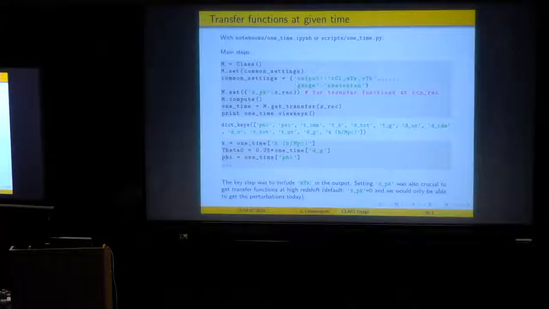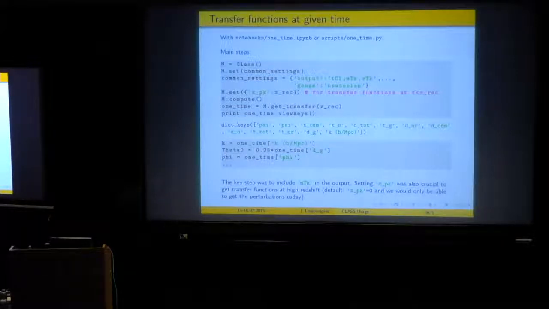get_transfer takes an argument which is a redshift, and so one_time will store all the transfer functions of all the species at the time corresponding to recombination. I forgot what the syntax is for this, so I do a .keys or .viewkeys, and I get a list of everything the code has stored.